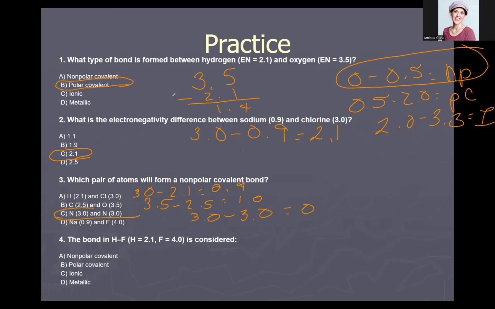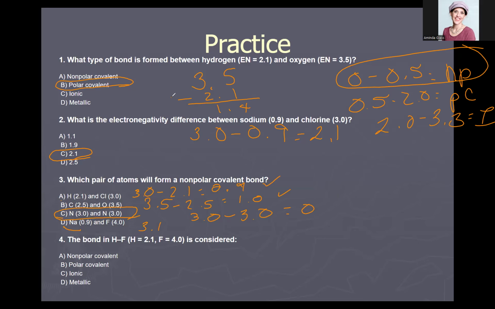So this right here is our nonpolar covalent bond. A and B both fall within the polar covalent bonds. D would fall as an ionic bond because that would give you 3.1 as an electronegativity difference.